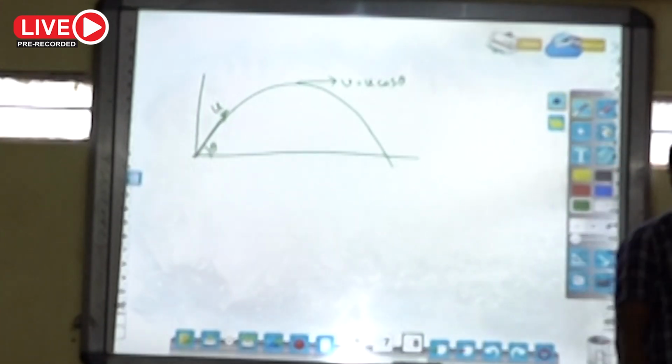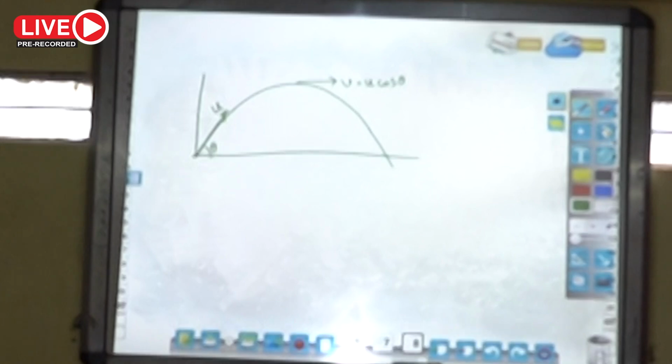Then what do we mean by radius of curvature? For a circle, at each point the radius of curvature remains the same. But for a parabola, at every point the radius of curvature will be different. That's why it is not a circle.